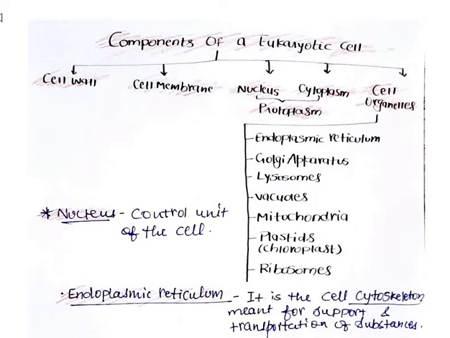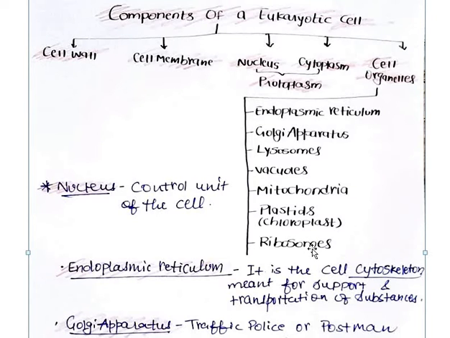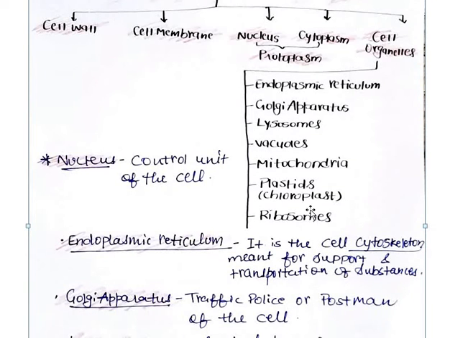In a eukaryotic cell there may be a cell wall, which is part of the plant cell and absent in animals, then cell membrane or plasma membrane present in all living organisms, then nucleus, cytoplasm, then cell organelles which are absent in prokaryotes and present in eukaryotes, which include ER, Golgi apparatus, lysosomes, vacuoles, mitochondria, plastids, ribosomes. So these are the important cell organelles which you should know.